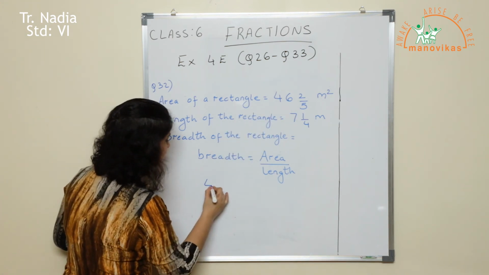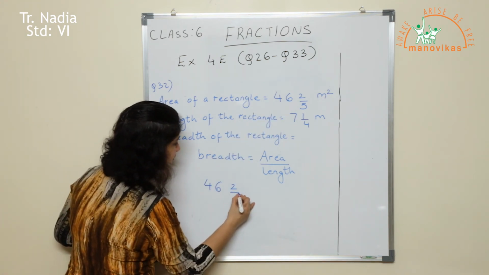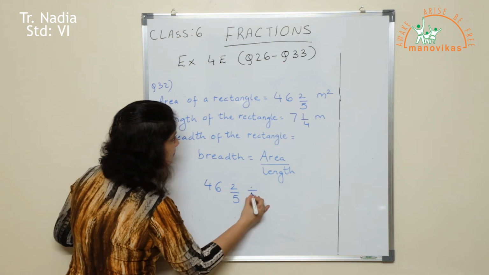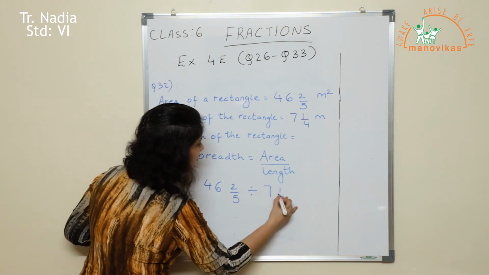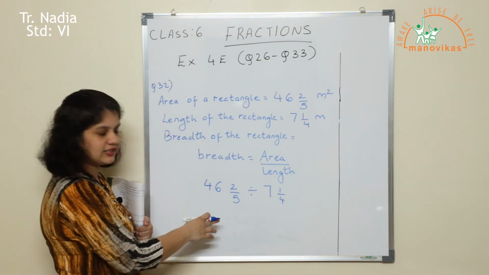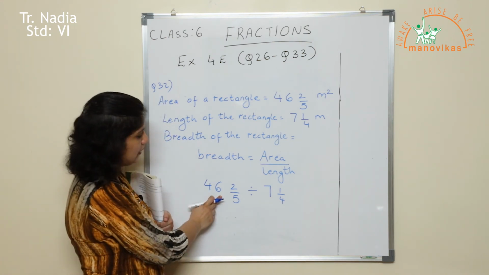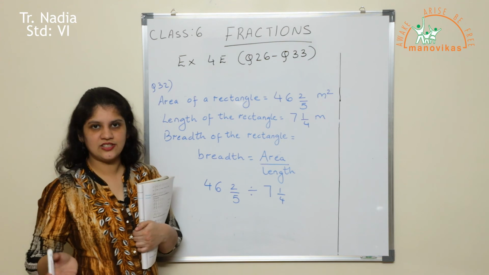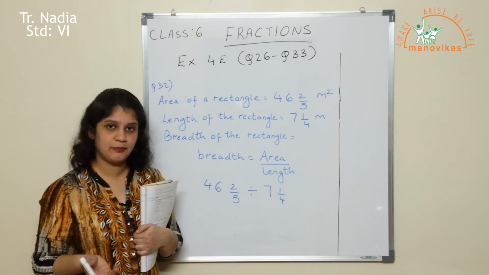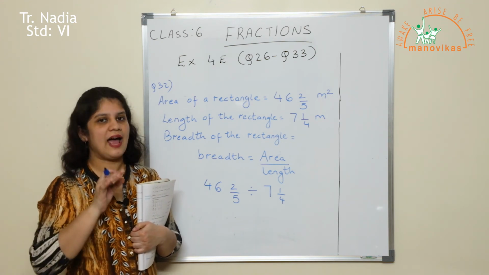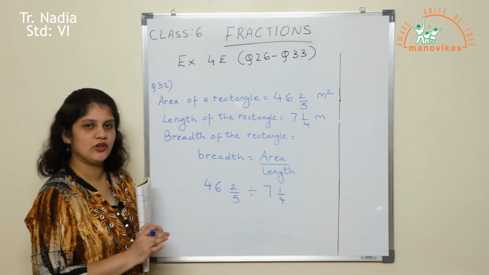Area is 46 2 upon 5 divided by the length, that is 7 1 upon 4. Work this out. Convert this first into improper fractions. Change the division into multiplication, reciprocal of the second fraction, and reduce it to get your answer.